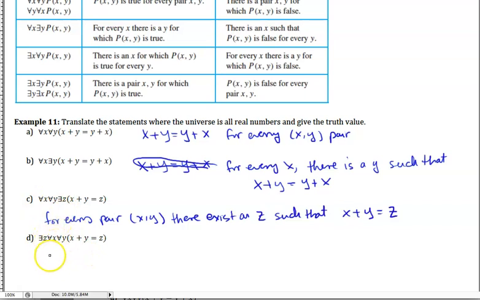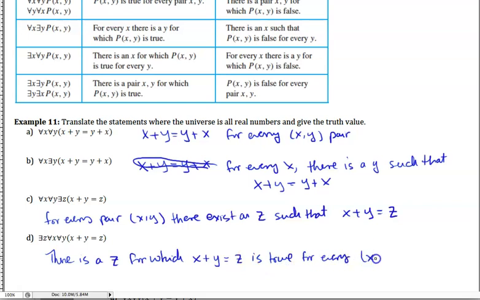So this says that there is a z, there's a value of z for which the statement x plus y equals z is true for every x, y pair. Okay, so these are the translations here.